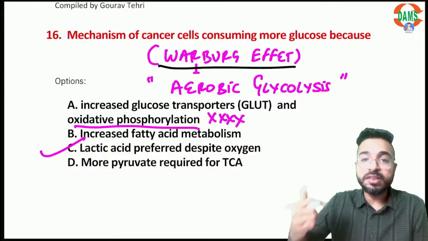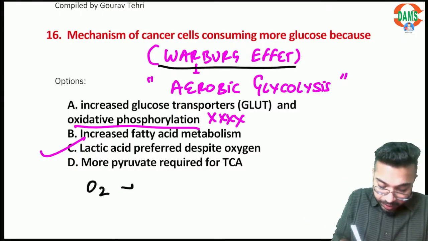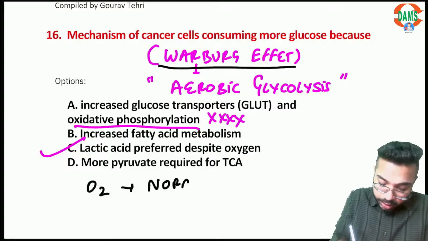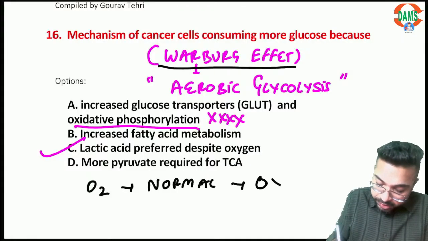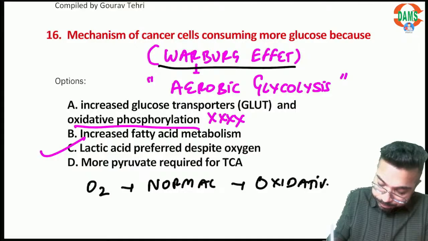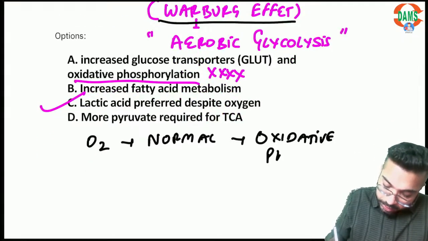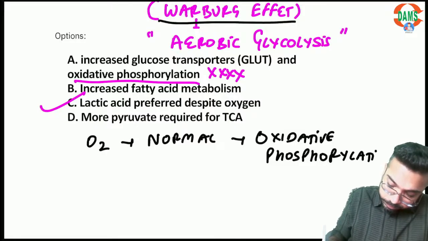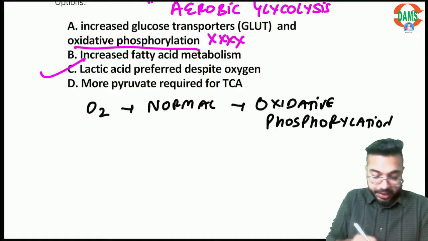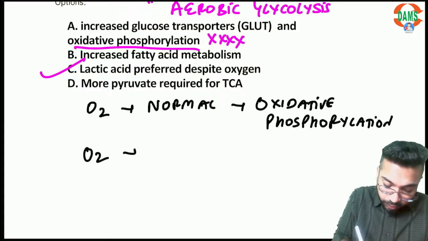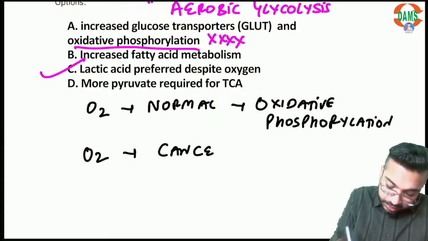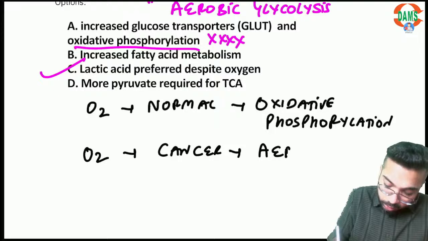Generally in the presence of oxygen, a normal cell will prefer oxidative phosphorylation, but a cancer cell in the presence of oxygen will prefer aerobic glycolysis only.